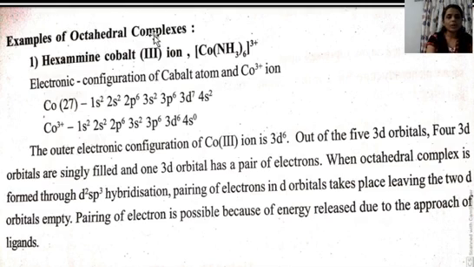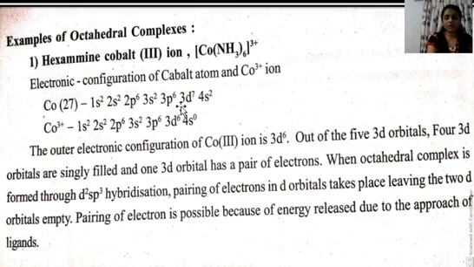For octahedral complex, here is the first example of hexaamminecobalt(III) ion, Co(NH3)6 3 plus. The electronic configuration of the cobalt atom is 1s2, 2s2, 2p6, 3s2, 3p6, 3d7, 4s2.